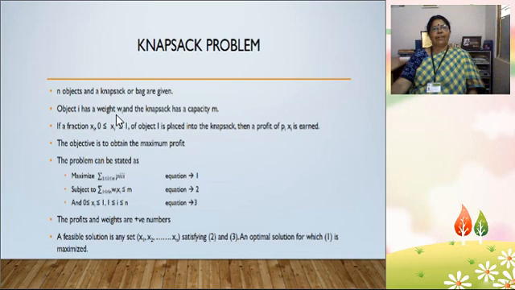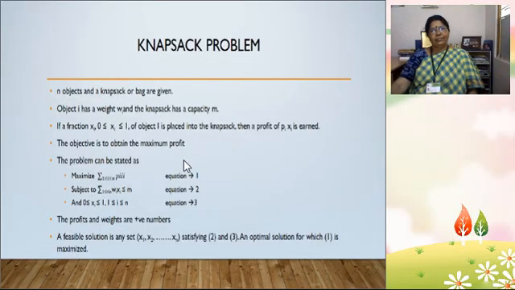Object i has a weight Wi and the knapsack has a capacity m. If a fraction xi of object i, ranging from 0 to 1, is placed into the knapsack, then the profit pi into xi is earned. So it's proportional to the profit.